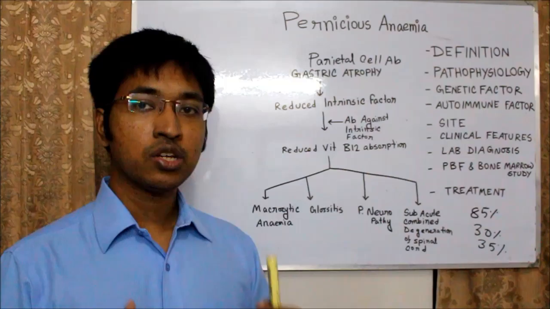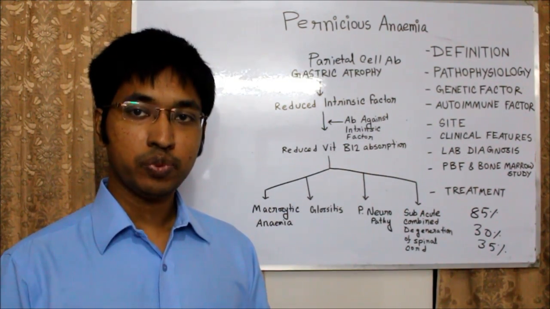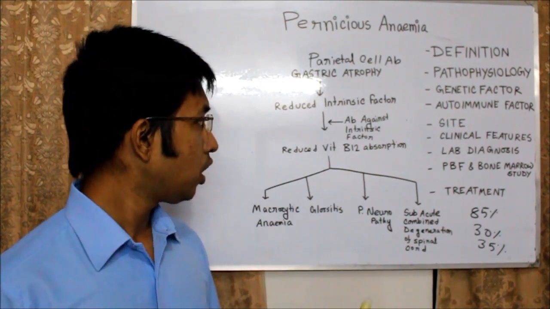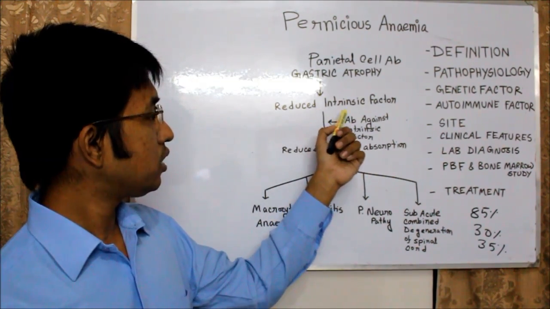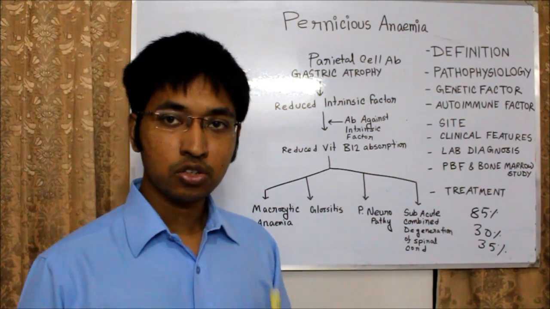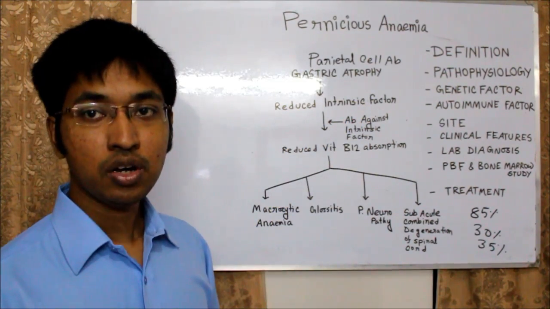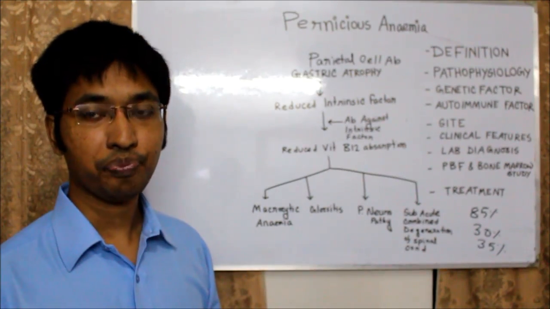As there is reduction in the size of those gastric parietal cells, there will be decreased production of intrinsic factor. Moreover, there will also be antibody produced against the intrinsic factor themselves. So not only do we have reduced production of the intrinsic factor, now we have antibody produced against the intrinsic factor.